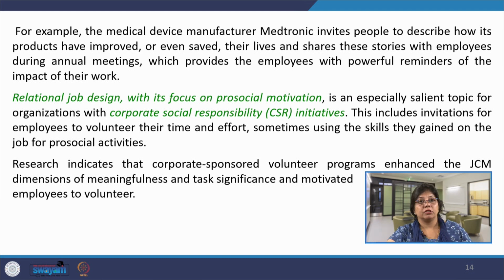So, the research indicates that corporate sponsored volunteer programs enhanced the job characteristics model dimensions of meaningfulness and task significance and motivated employees to volunteer.